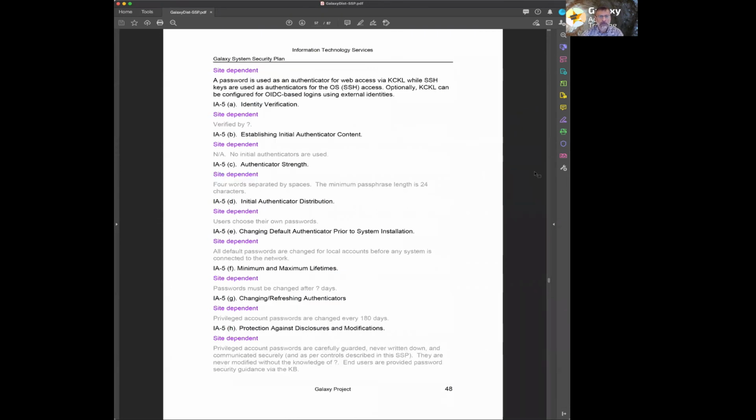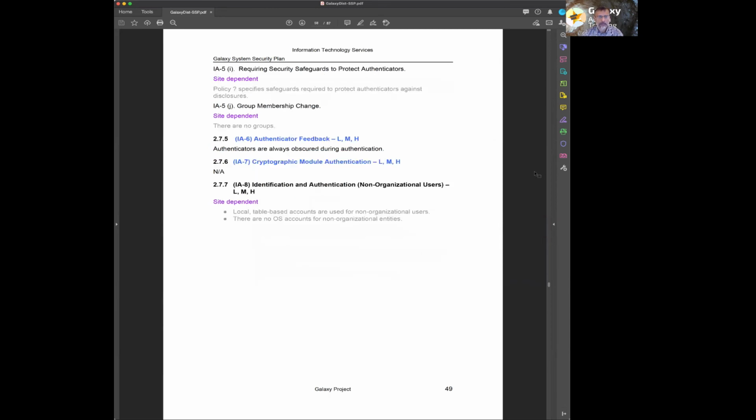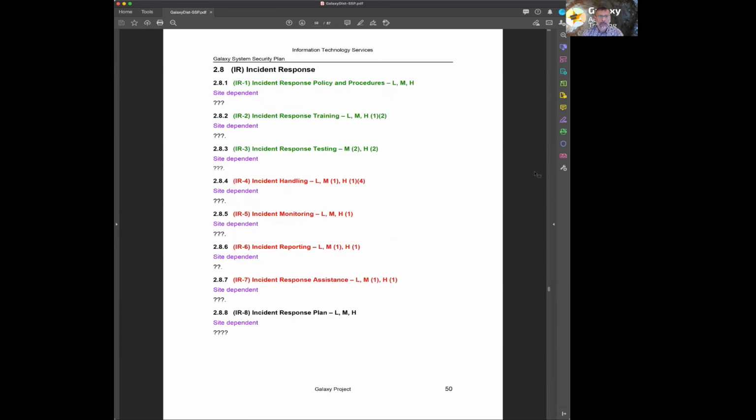So this goes over how usernames are chosen, how people's identities are verified. For example, how passwords are secured. What's the password strength, for example? If you distribute passwords, then you make sure that you're distributing them to the right people. If you have a password change process, that it is properly secured, and things of that nature. These are controls that you have to have in place.